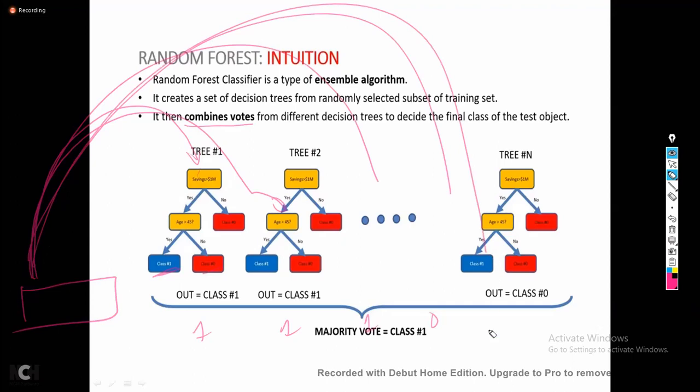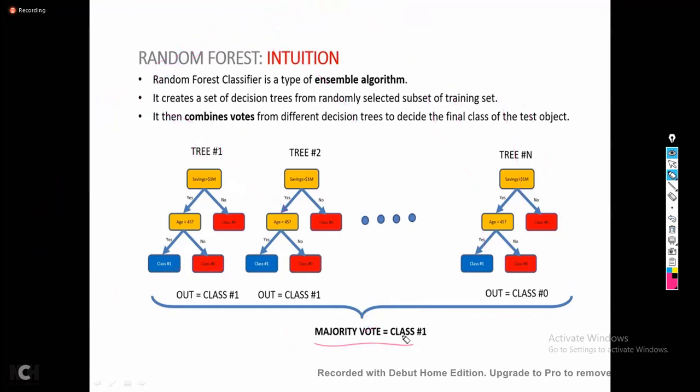Fifth one, you got 0. Sixth decision tree, 0. Seventh decision tree, 1. Let us assume I have created a total of 7 decision trees, and this data was passed into all the decision trees one by one. After that, from whatever answers I got, I'm going to take the majority vote.